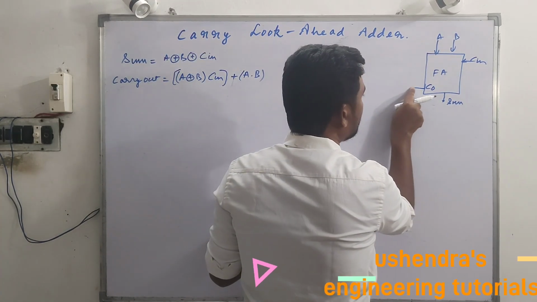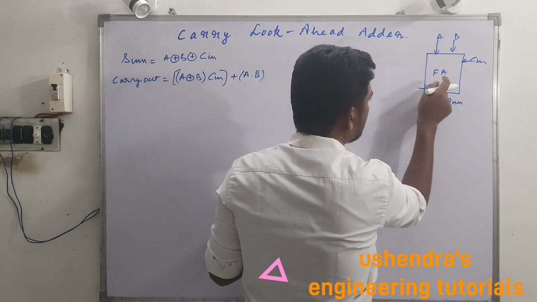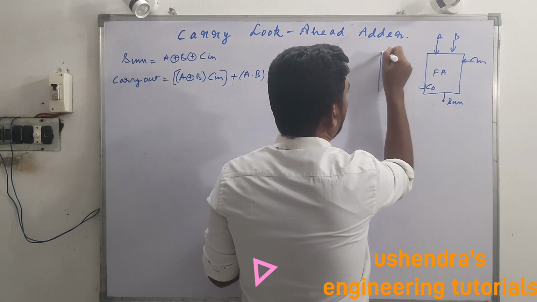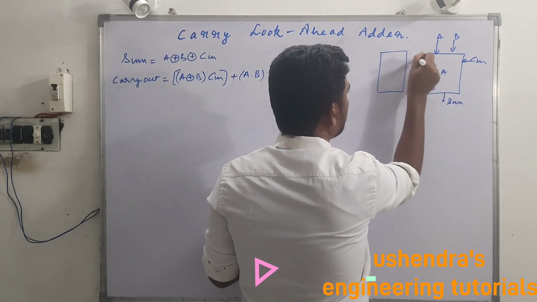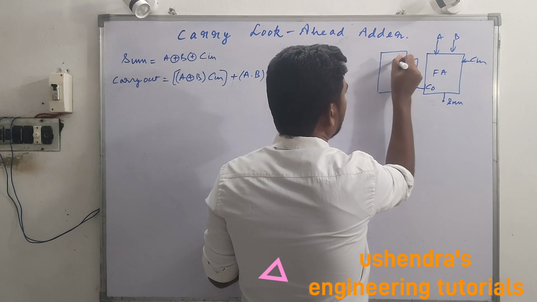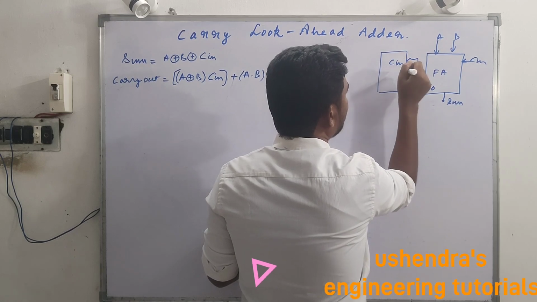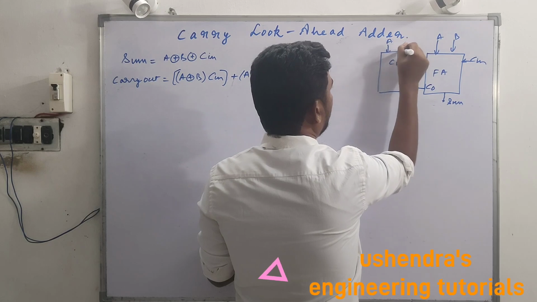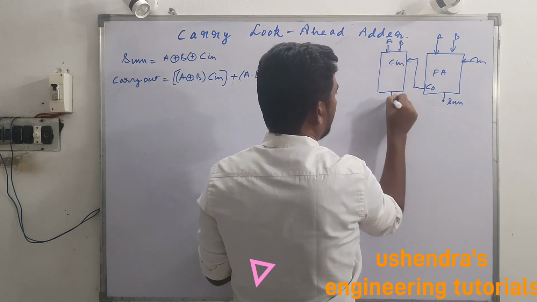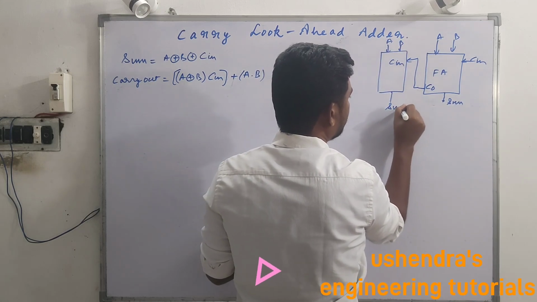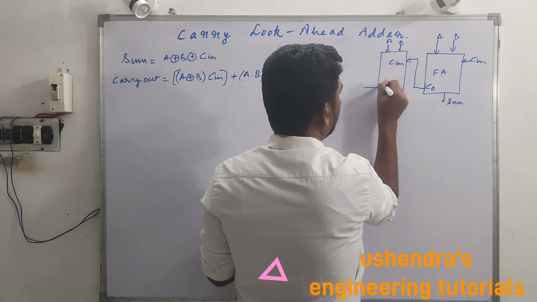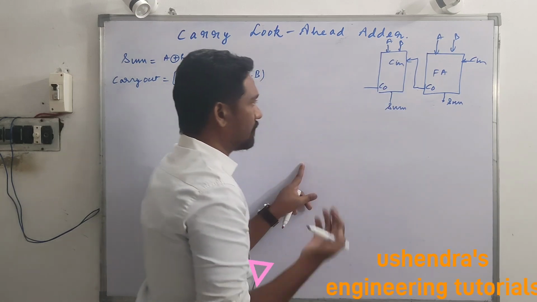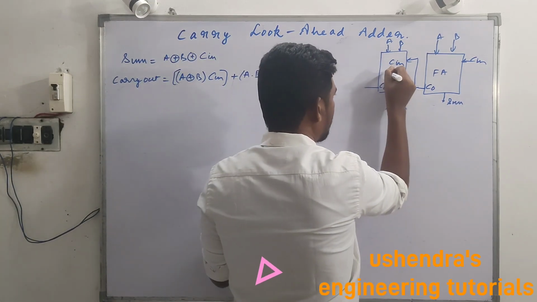Now this Cout from this stage will act as the Cin input to the next stage, with A and B as inputs, and we also have the sum and carry out of that stage, since this is also a full adder.